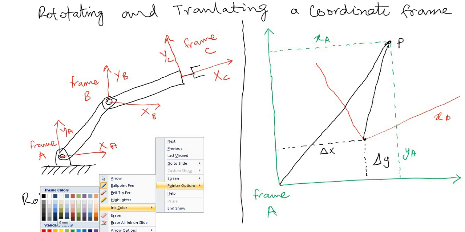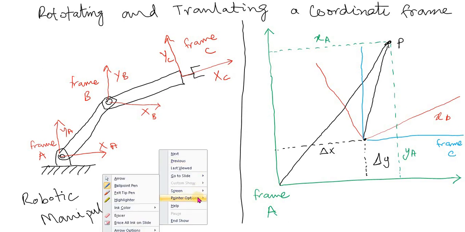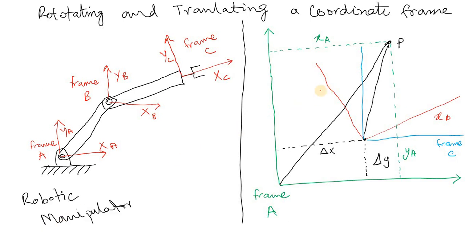We imagine that frame A is located here at the origin of frame B, and we call it frame C. Frame C is our intermediate frame, and this is frame B, the red color. Frame B is the rotated and translated frame.